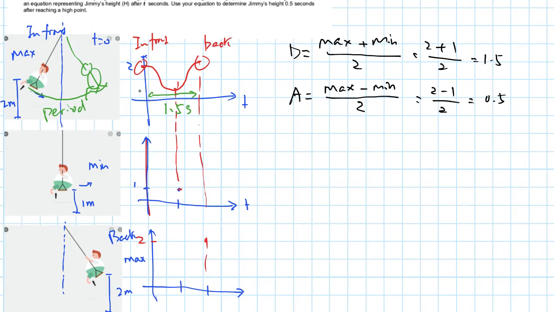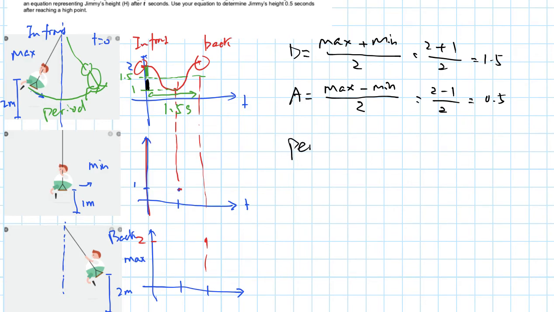The amplitude is how far you go from the midline, which is 1.5, either up to the maximum or down to the minimum. They give you the same value, 0.5. So we have D and we have A.